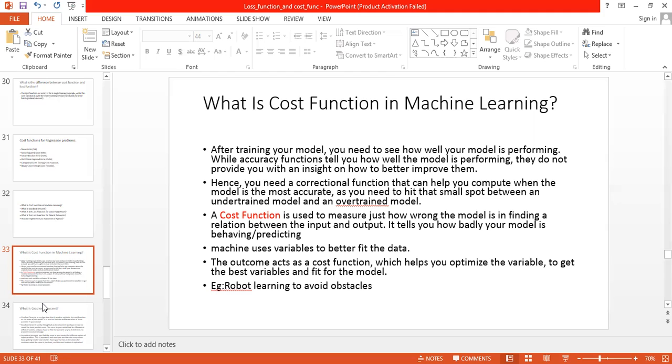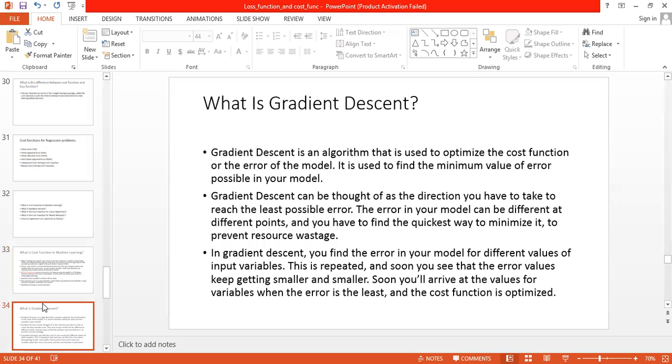Now, is there any function which helps us minimize the cost function value? Yes, there is an algorithm called the gradient descent algorithm that helps the model get the minimum value of the cost function. We have already seen this, but here is a brief concept about it.